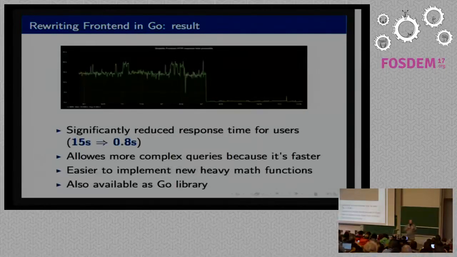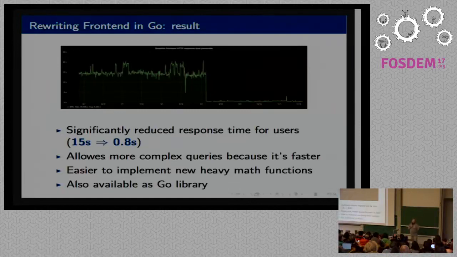So one of the significant pros of switching to Carbon API was that our average response time on the same amount of machines reduced from around 15 seconds to less than 1 second, basically.